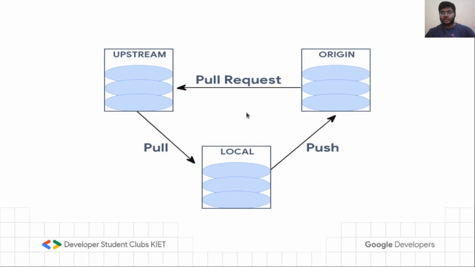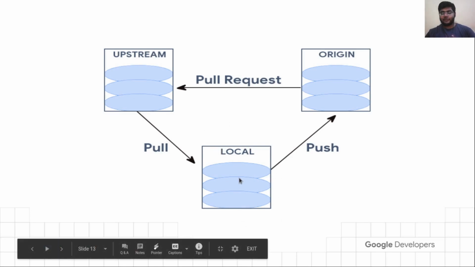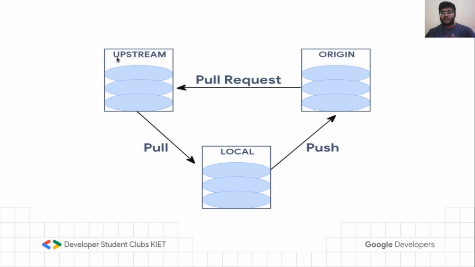So how to contribute? First we make changes to our local repository, we push these changes to our origin, we create a pull request to our upstream repository, and once it is merged, or other developers also make some changes, we pull the changes from the upstream to our local, and this cycle continues.